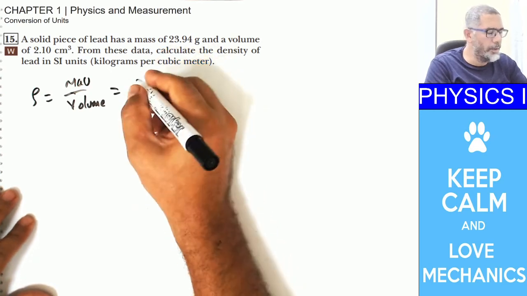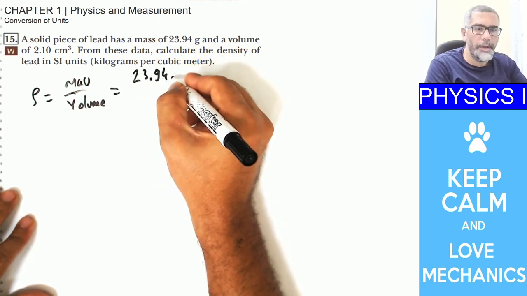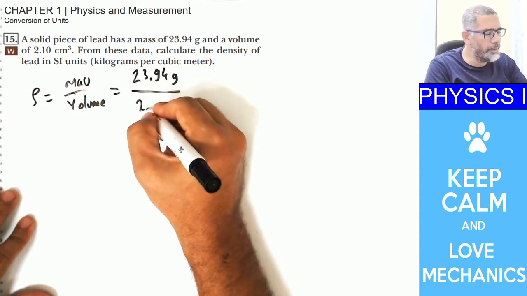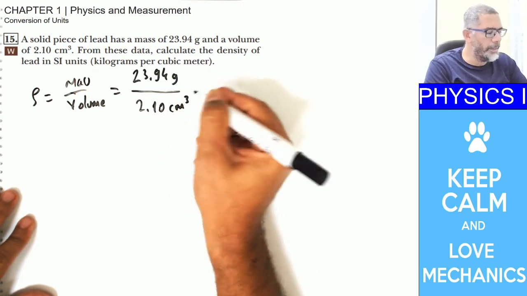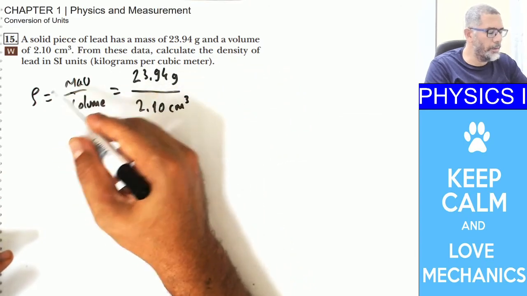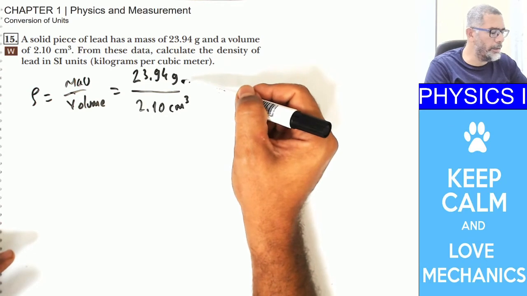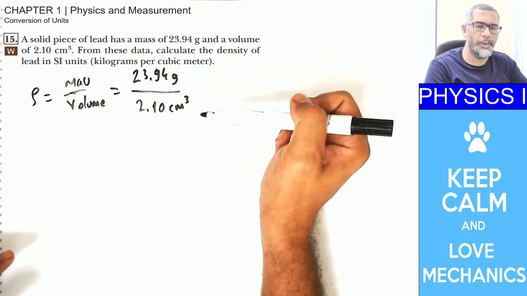It is just 23.94 grams divided by 2.10 cubic centimeters. But the problem asks for this density not in units of grams per cubic centimeter, but in terms of kilograms per cubic meter.